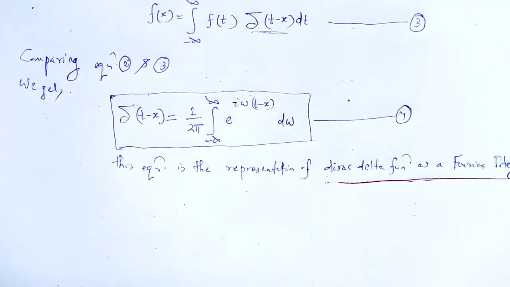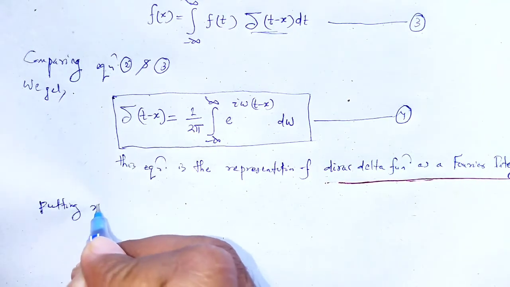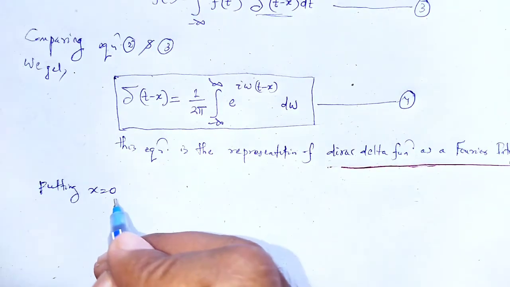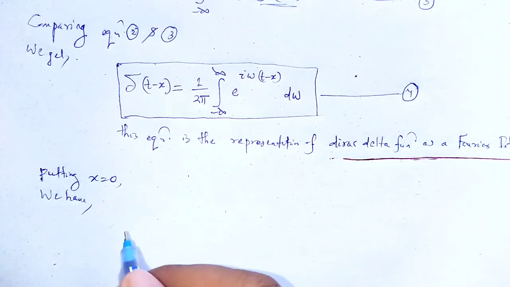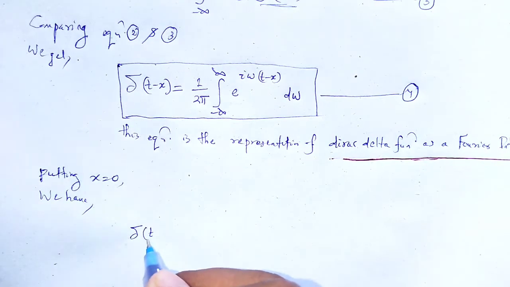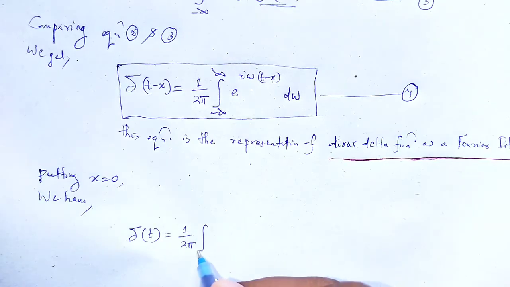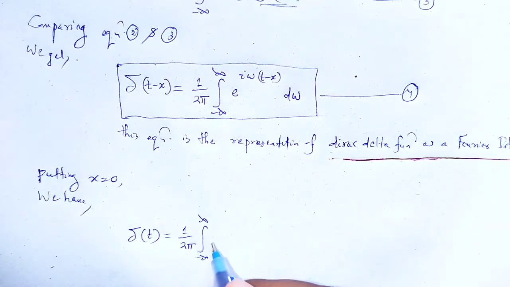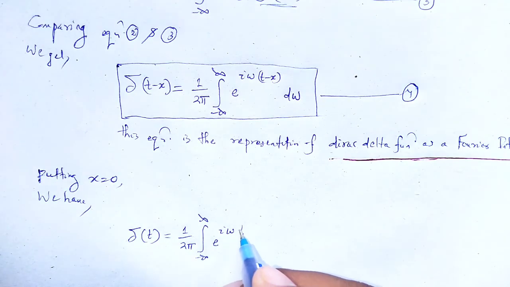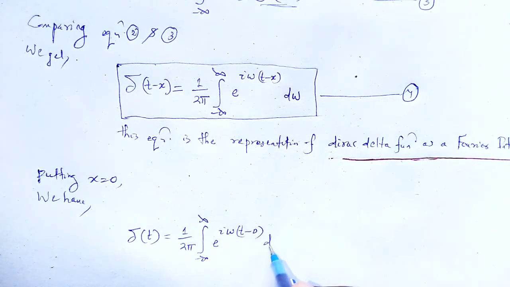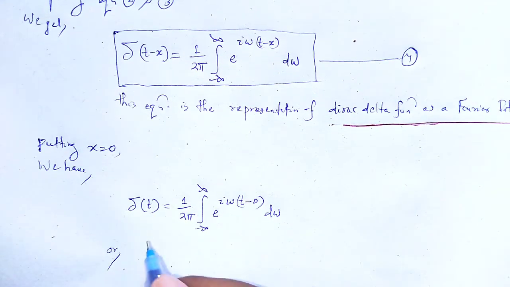Let us put x is equal to 0. Putting x is equal to 0, we have delta of t is equal to 1 by 2 pi integration over minus infinity to plus infinity e to the power i omega (t minus 0) d omega. Here t minus 0 is t.